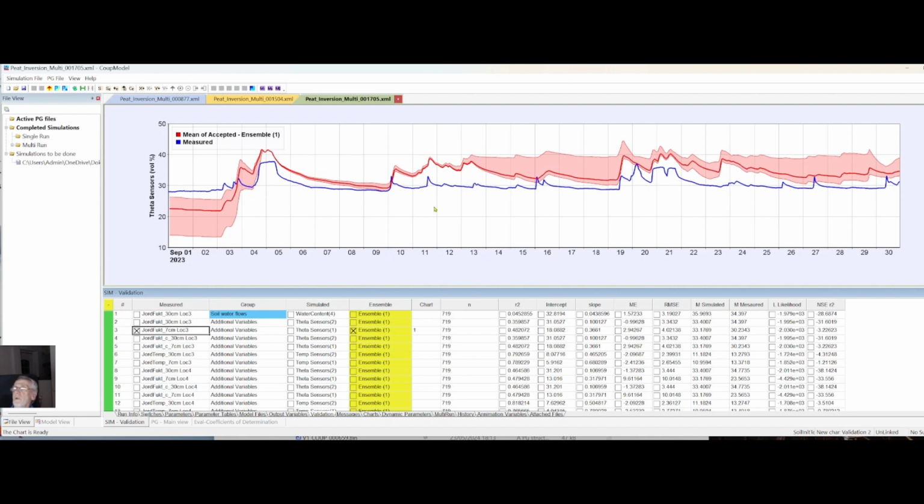So here you see that it's quite a wide range, and if we had put the criteria on the soil moisture, then that range would have decreased, and probably we would have been able to get the dynamics much more precise.